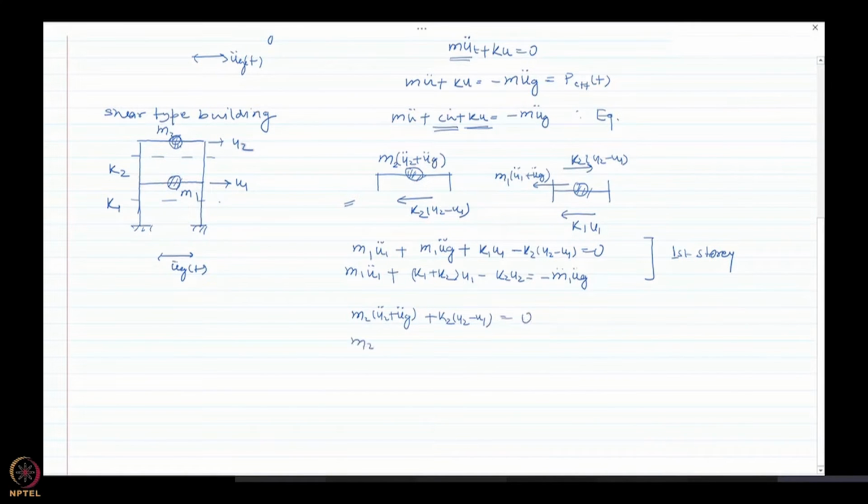So it can be further written as m2 u2 double dot minus k2 u1 plus k2 u2 is equal to minus m2 u_g double dot.